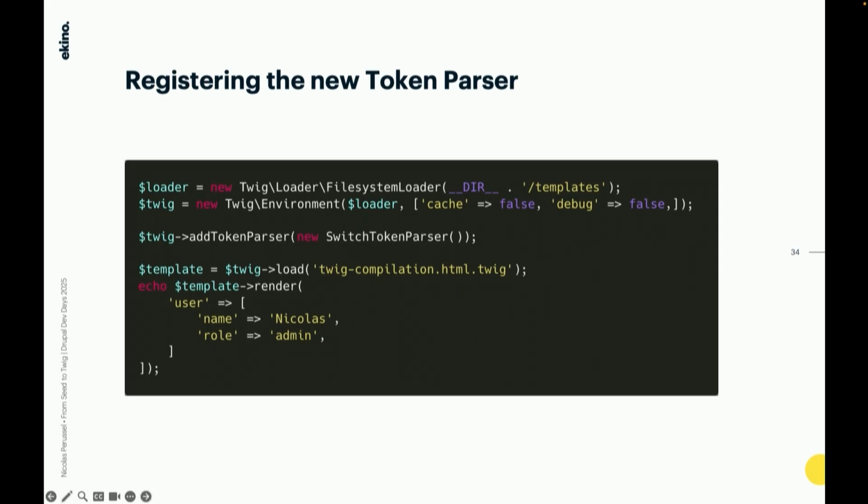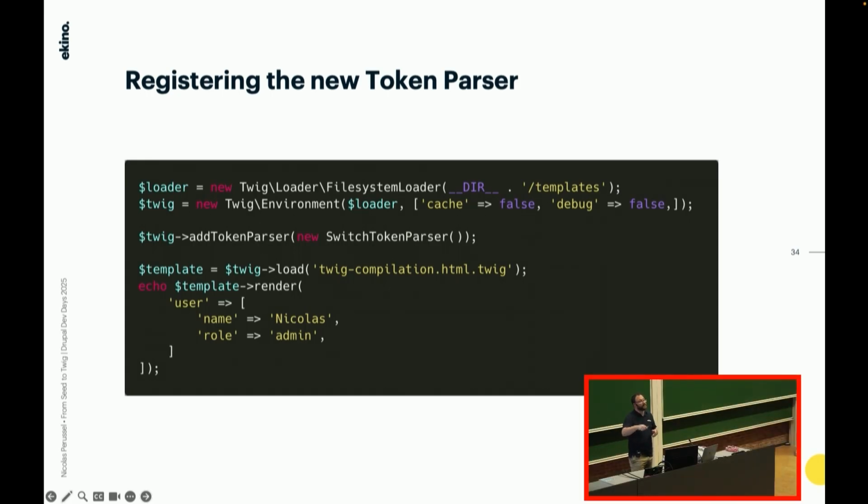And if your extension provides more things to Twig, such as functions, a lot of new parsing structures, filters, tests or whatever, you can use addExtension with your new extension, and you have a complete system with that. But in my case, I just want to add the switch grammar structure, so I just need to add the token parser on the Twig environment.